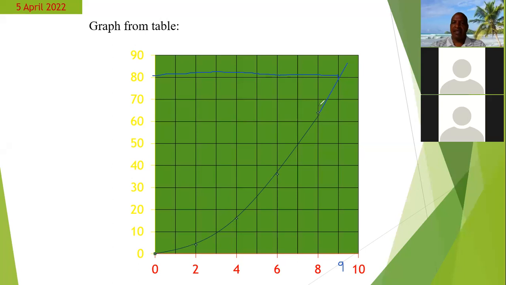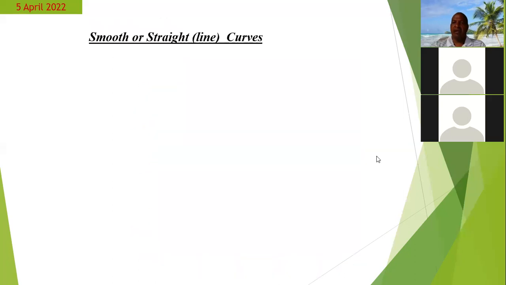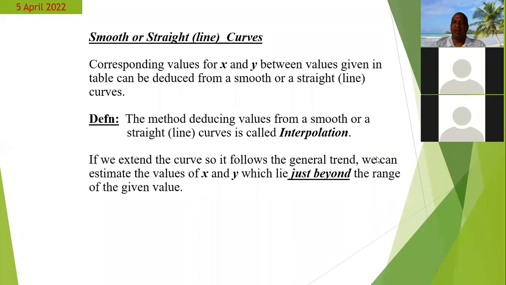Now, when you extend the curve in this way and use it to find values outside the range of the table, this method is called extrapolation. All right, so if we extend the curve so that it follows the general trend, we can estimate the values of x and y which lie just beyond the range of the given values.